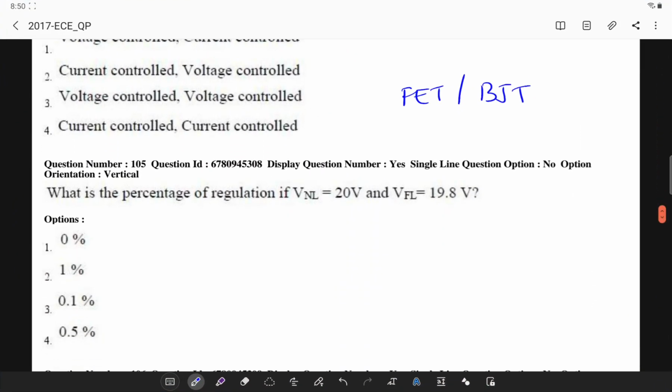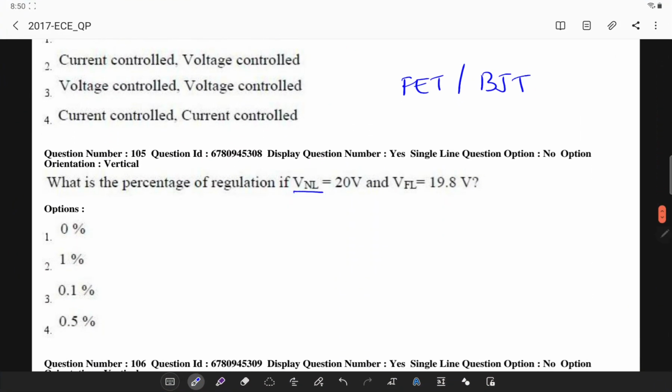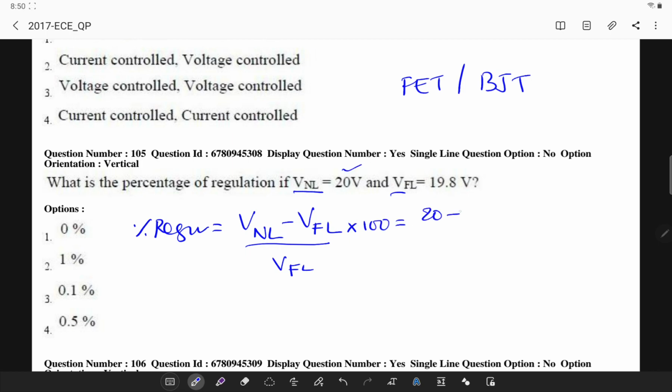Next, what is the percentage of regulation when both no load voltage and full load voltage are given? Percentage of regulation is V no load minus V full load, divided by V full load, into 100. Here V no load is 20, so 20 minus 19.8 divided by 19.8 into 100.